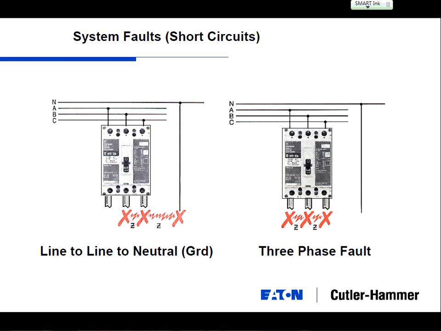So with UL and all the standards committees, our job as a manufacturer and your job as designers is that you will always need to provide equipment to match the maximum short circuit available at that piece of equipment. And that maximum short circuit available is right here. That's your three-phase bolted fault.